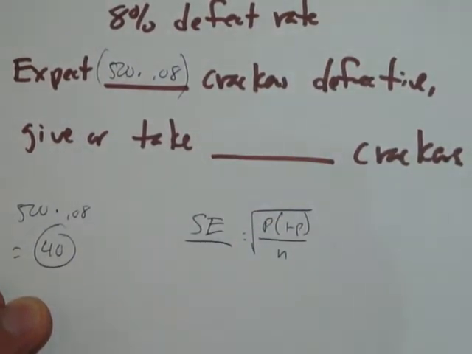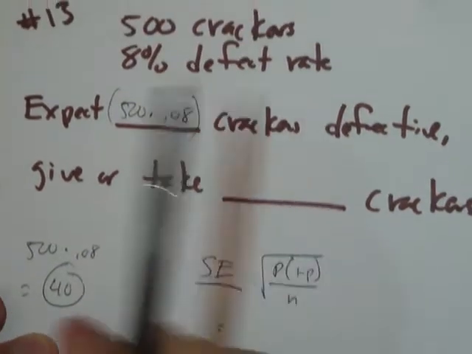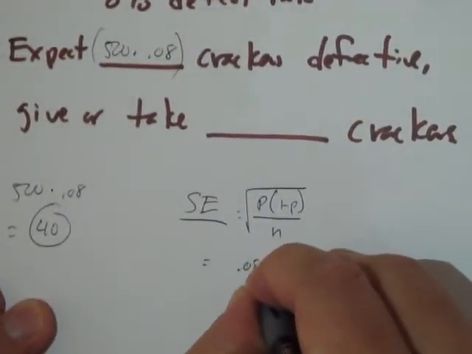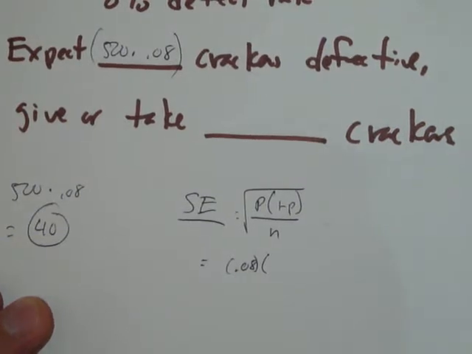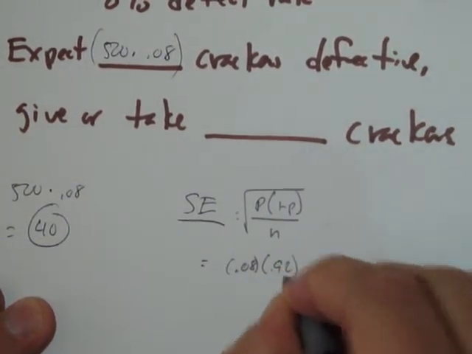In this case, p is our population proportion, so our 8%. So we're going to do 0.08 times 1 minus 0.08, which is 0.92.